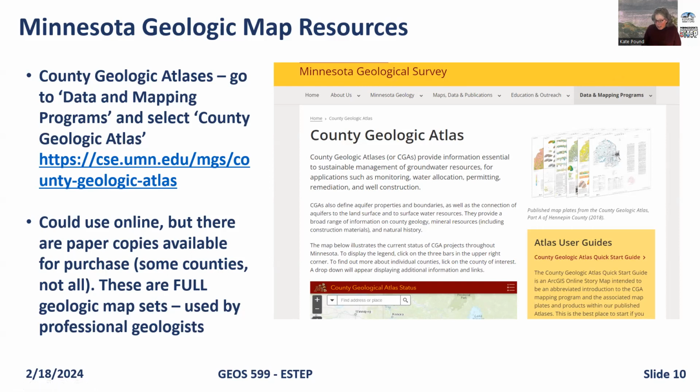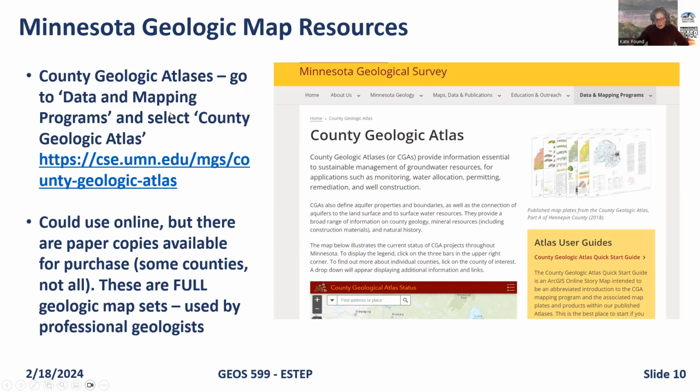What these are is a suite of maybe 5 to 8 big map plates that get produced by the Minnesota Geological Survey. A county will contract with the Minnesota Geological Survey to make a county geologic atlas. This is an initiative that started in the metro area as people realized we need to know about the local geology for managing our environment, every aspect of development, etc.